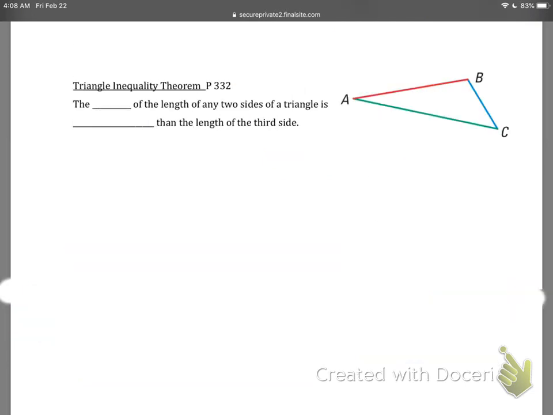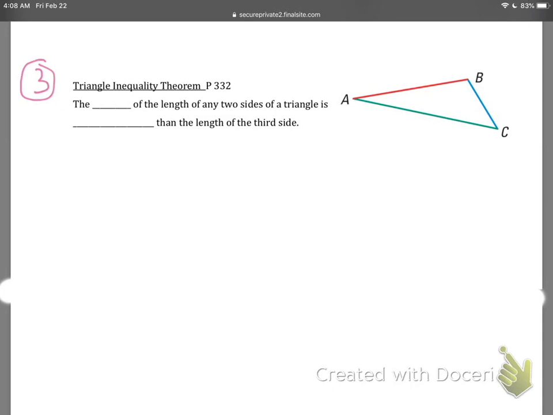Okay, our last theorem, the third theorem in this section, is the triangle inequality theorem. So we've done the side inequality theorem, we've done the angle inequality theorem, and now we're doing the triangle inequality theorem.